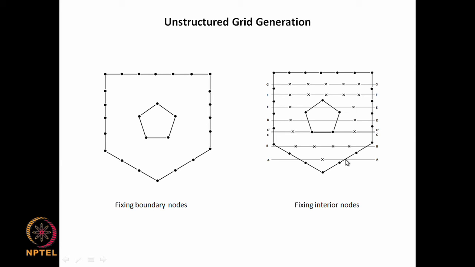Once you do that, then you are now in a position to see what is the length between the intersections which is part of the computational domain. For example, if I take this line here, this part from here to here is inside the computational domain, and this part is outside the computational domain. So, I can find out from this intersection what is the length of this line which lies inside the computational domain.